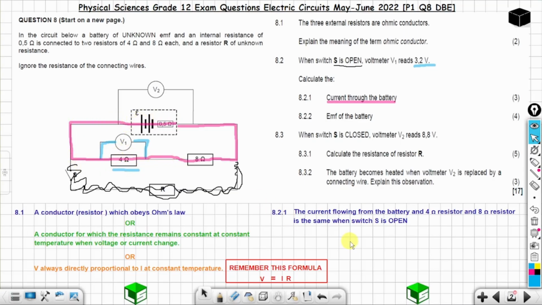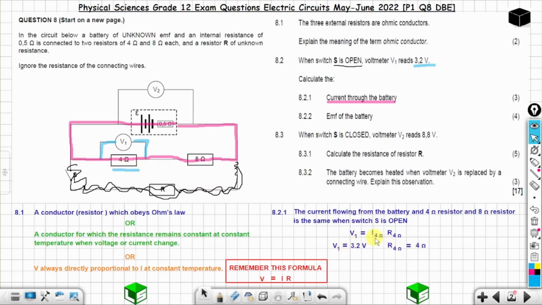So V1 is equal to the current through the 4 ohms resistor times the resistance of the 4 ohms. Okay, we are going to use this formula to find the current through the 4 ohms resistor. So you have the voltage 3.2 and you have the resistance, which is 4 ohms.